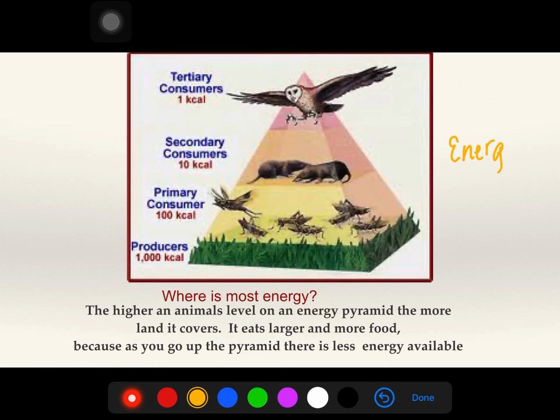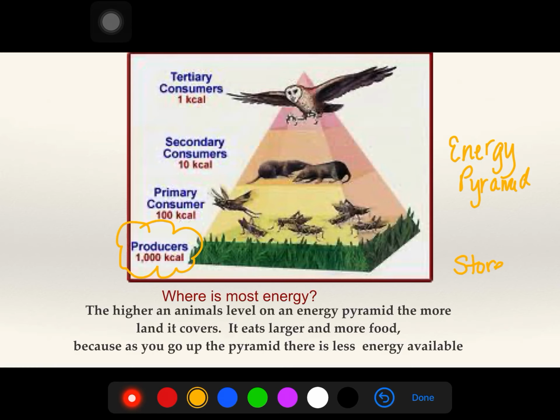Where is the most energy available on this energy pyramid? Who has the most energy available? Well, yep, it's your producers, because they are the original source, taking it right from the sun. Through their life processes, through what they use or lose, the energy diminishes every level it goes up.